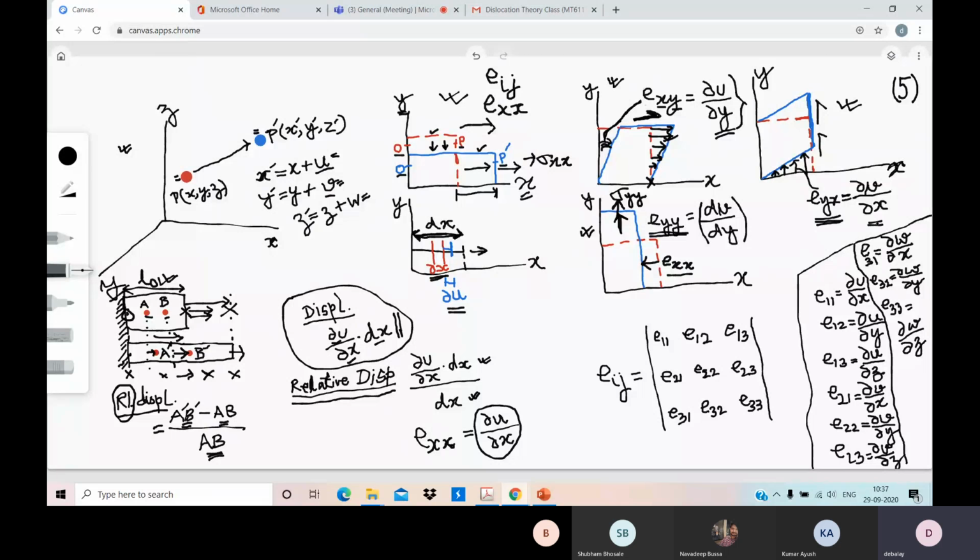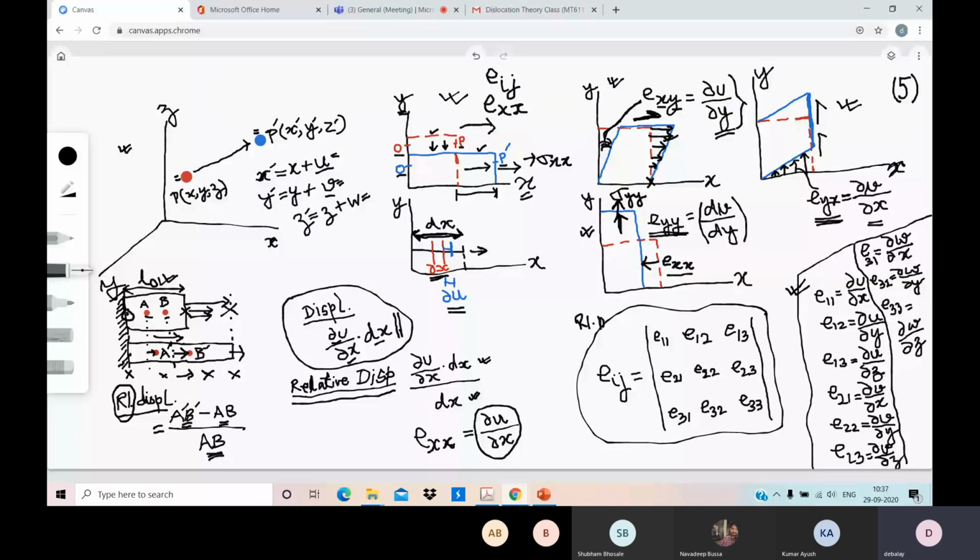So now all the relative displacement terms I am writing in the form of a tensor. We call this the relative displacement tensor, EIJ.